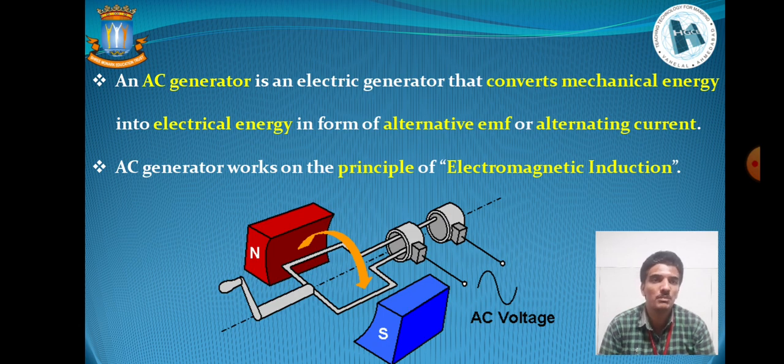EMF means electromotive force, or we can say alternating current, and that's why this generator is termed an AC generator. And again, as I have told you, the AC generator works on the principle of electromagnetic induction.